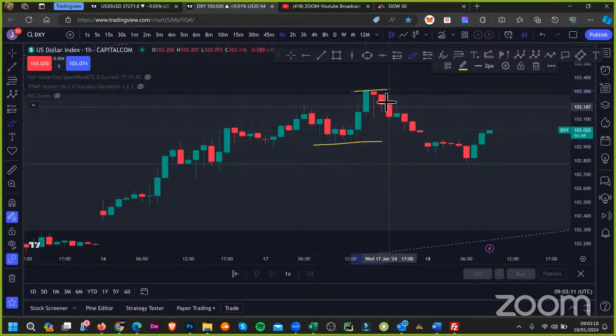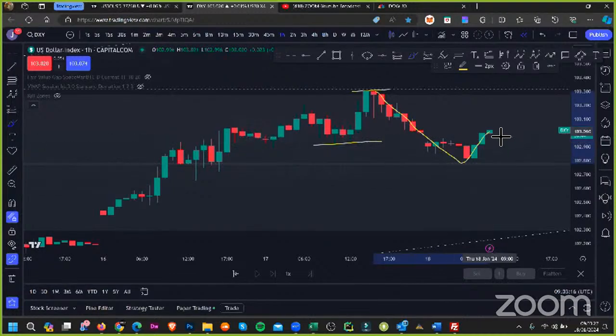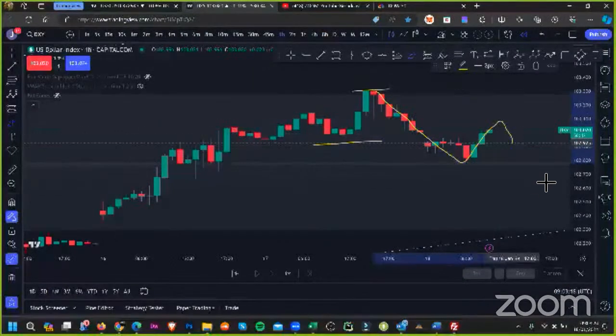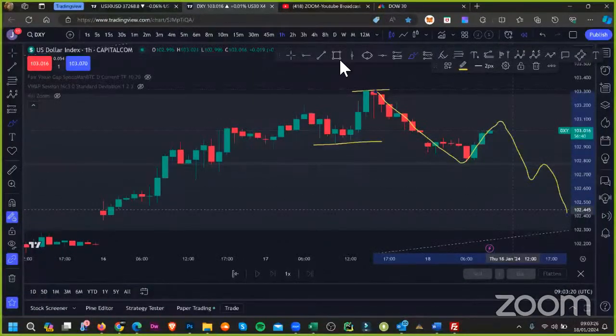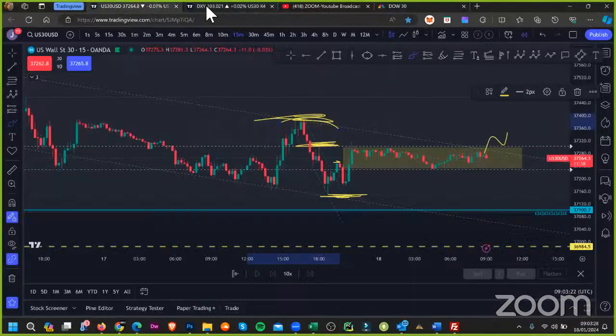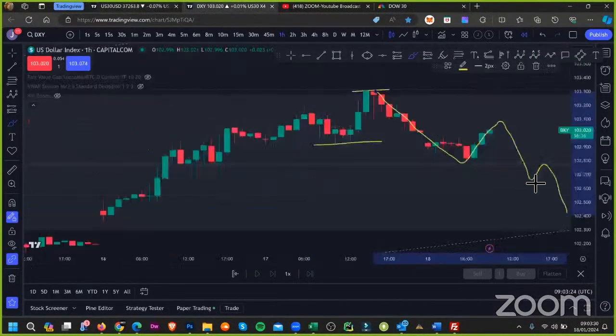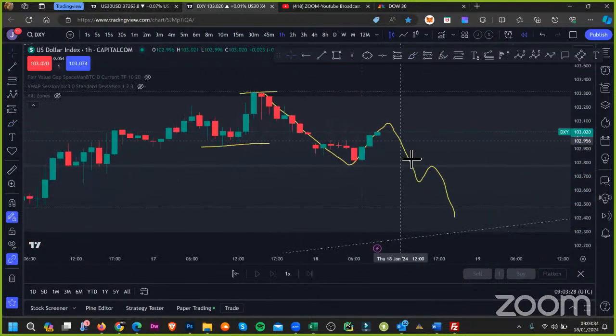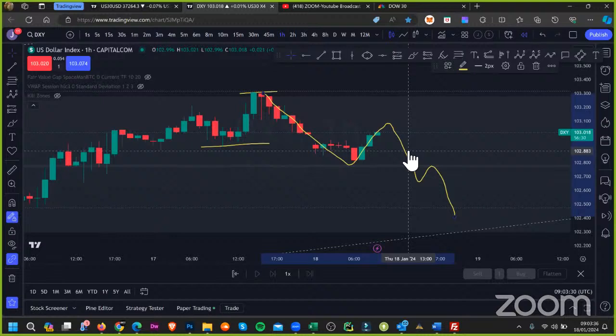This is now a lower high at the moment, and maybe this market wants to come down here and lose some strength, maybe it does or not. So I'm saying if the US dollar loses strength, let's ask you a question. I was just about to trip myself up. If the strength of the dollar gets weaker, what happens to US 30?